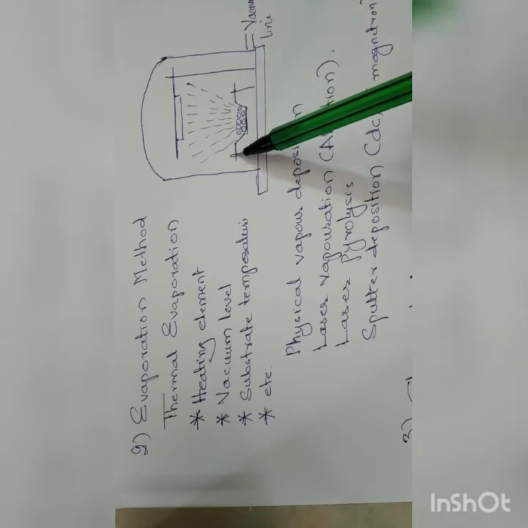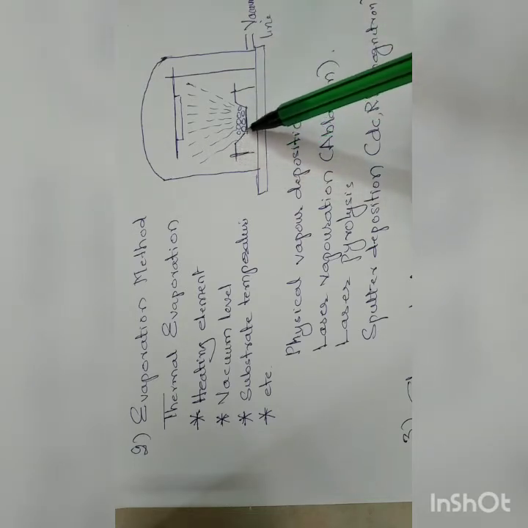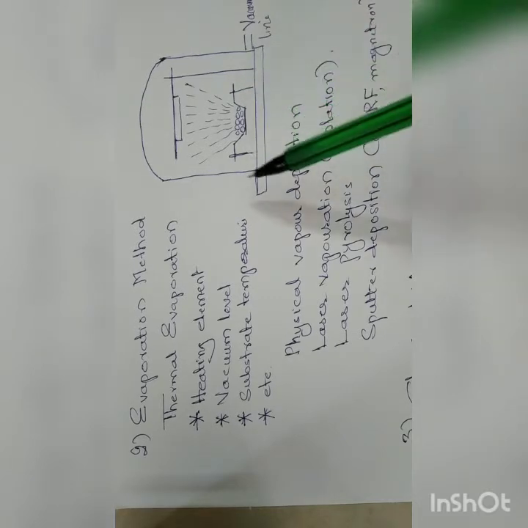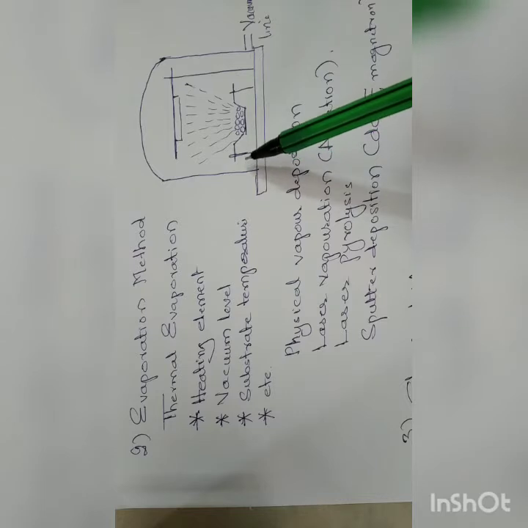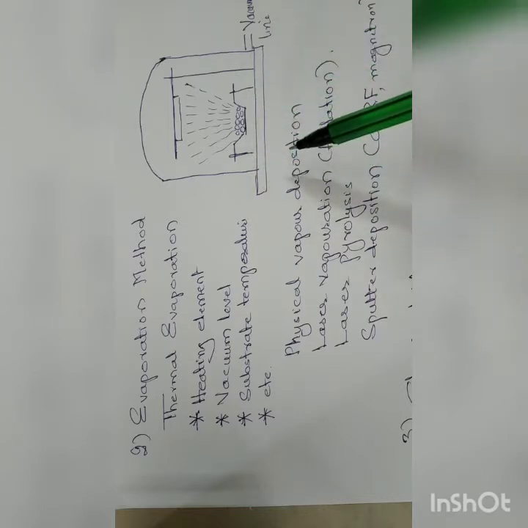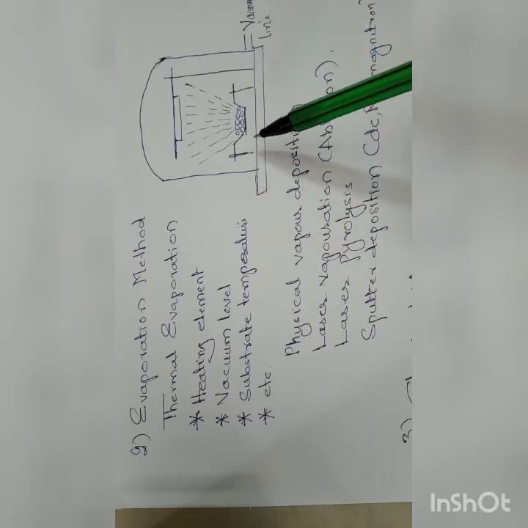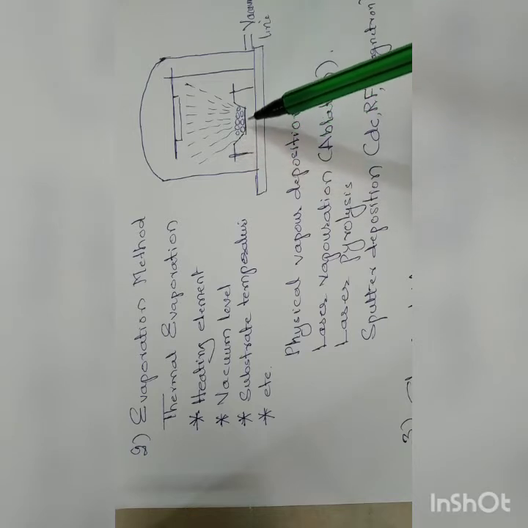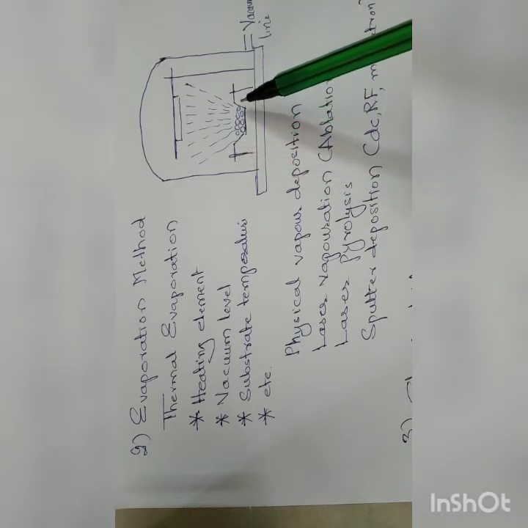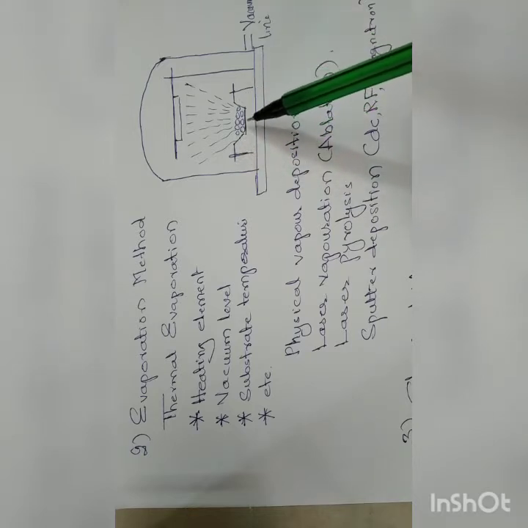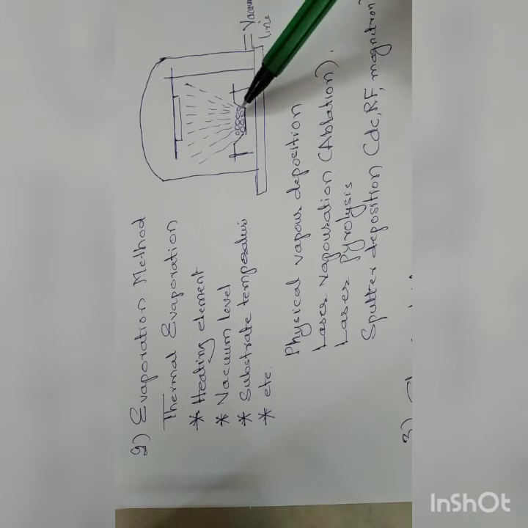What you have is electrical lines. A metallic boat is put between these two electric points. Now you pass more current, then there is IR loss. The result of that is the boat is heated up, and you put the material which you want to vaporize, which you want to convert into nanomaterial, as shown here.